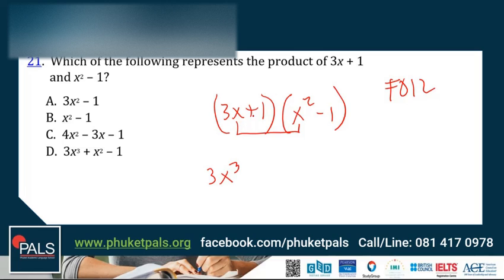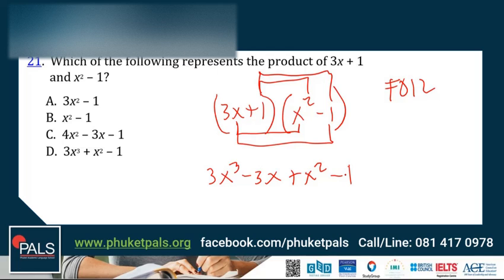Then the outer terms, 3x times negative 1 is negative 3x. Then the inner terms, 1 times x squared is x squared. Then the last terms, 1 times negative 1 is negative 1. Now, checking the terms, they are all different, so we cannot combine them. So this is already the final answer.